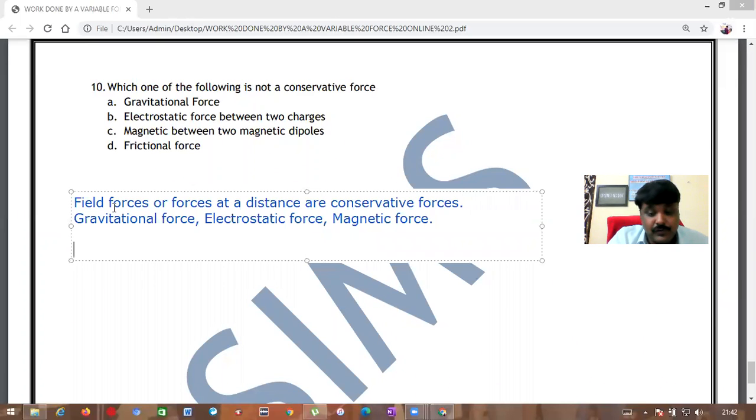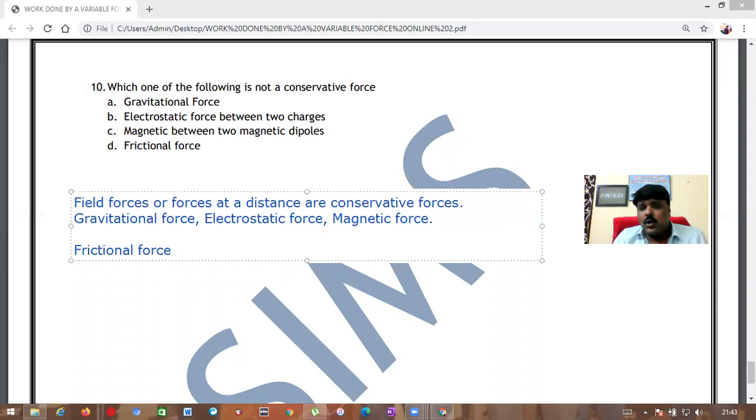Generally, non-conservative forces are frictional force, because these conservative forces do not depend upon the path which the object is moving. But these non-conservative forces depend upon the path in which the object is moving. Suppose I'm riding a car. For about 1 kilometer, I went on a very smooth road. And for another kilometer, I went on a very rough road, a ghat road or a very rough road, let us say.